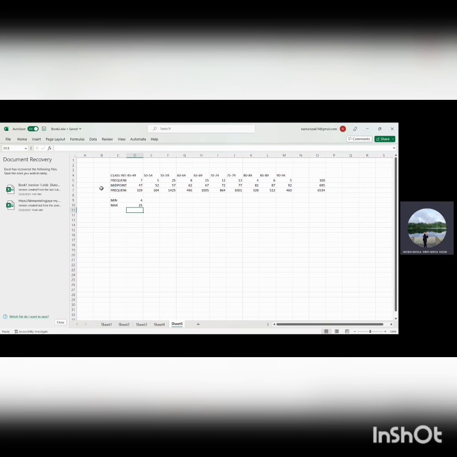And after that, we subtract between the two values.